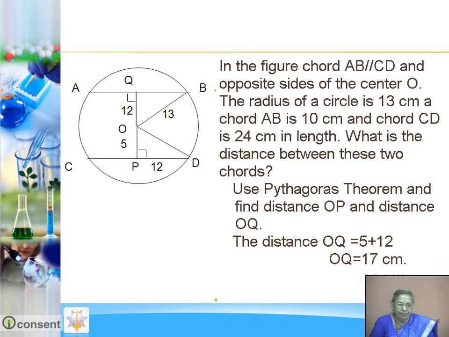Observe the figure and find out the distance of the chord AB. Here you have to use Pythagoras theorem twice. When you use it 2 times, you will see that 5, 12 and 13 is the triplet of Pythagoras.